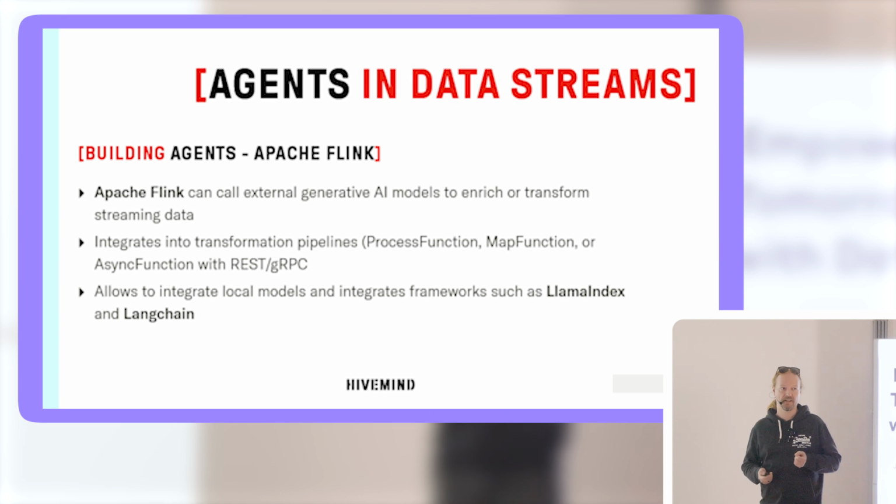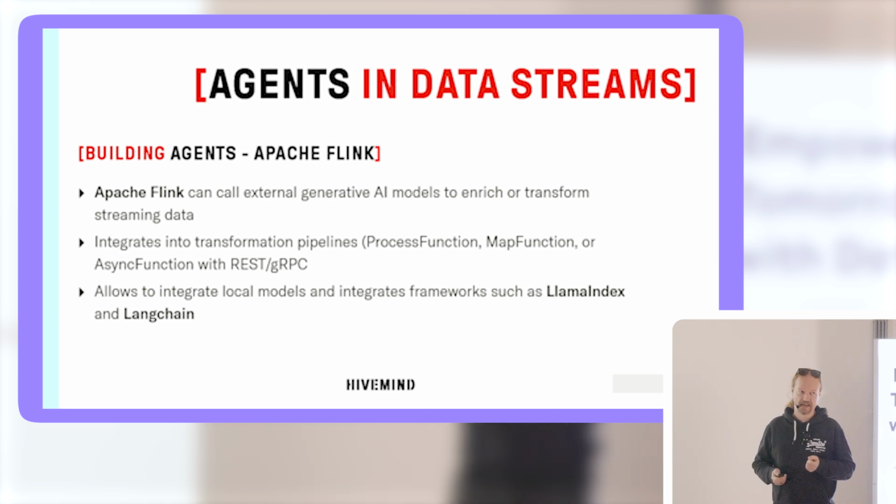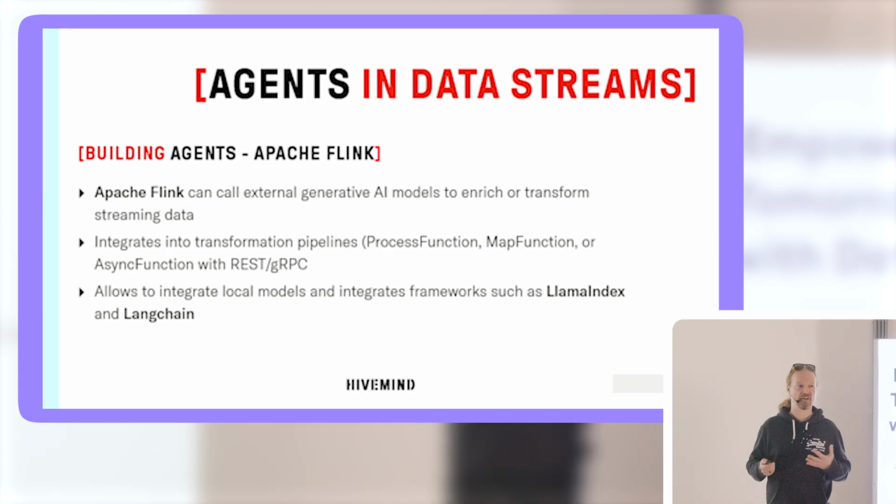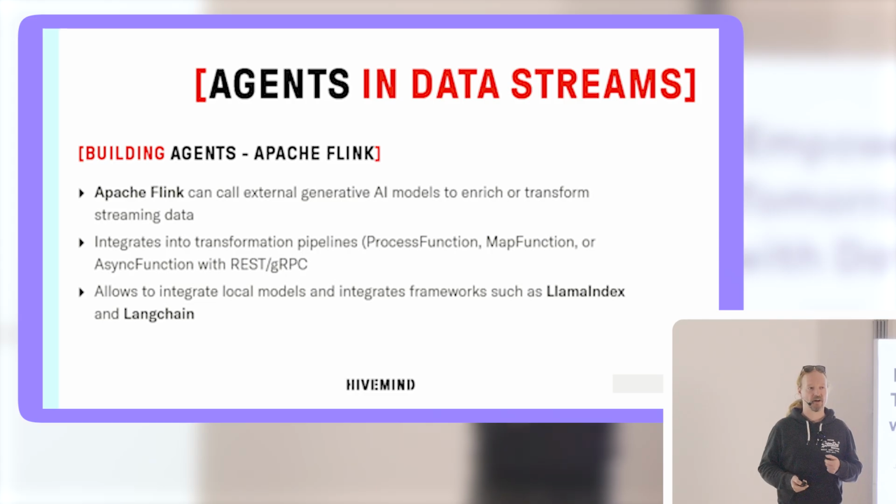It allows you to integrate with local frameworks, so LlamaIndex or LangChain. It's actually quite convenient, and in a lot of cases, we think it's really neat to integrate our agentic applications within Flink, because we don't have to necessarily modify the runtime or introduce a lot of tooling. It works out of the box.